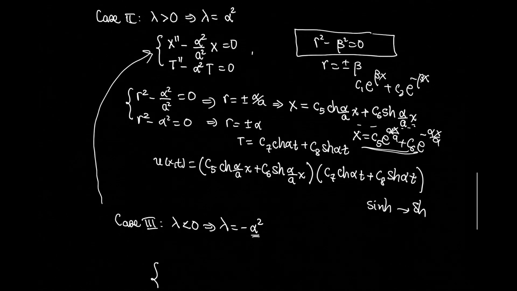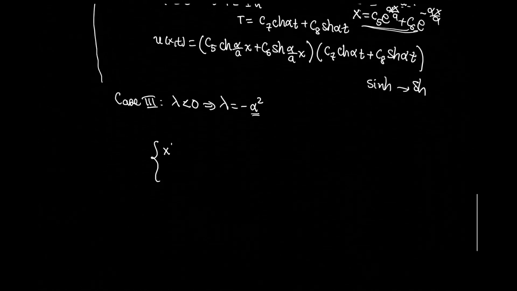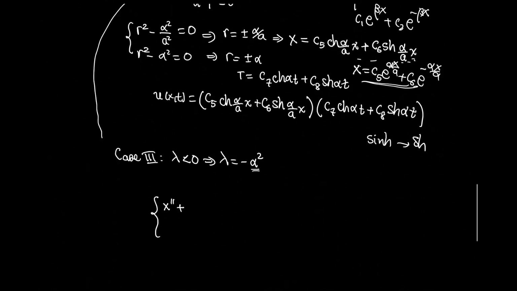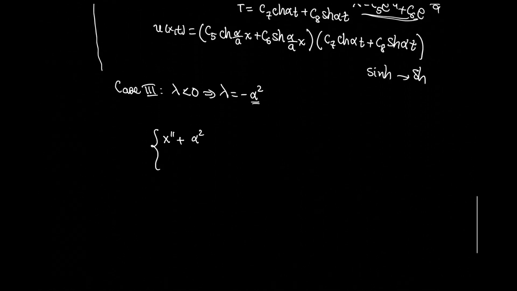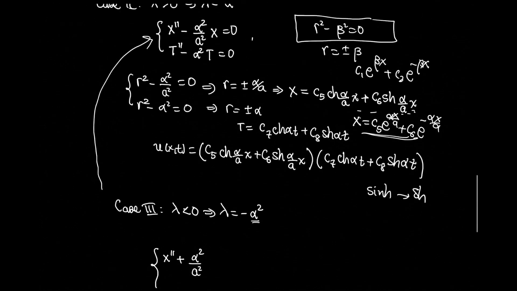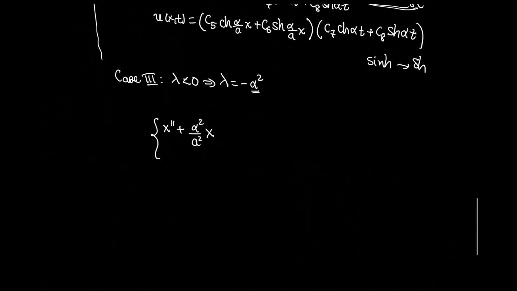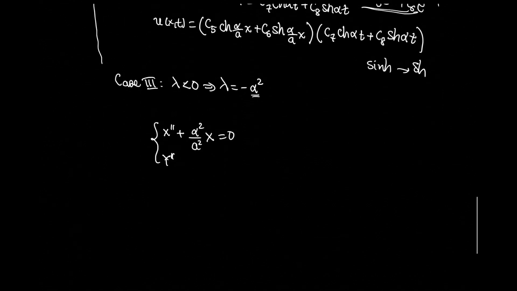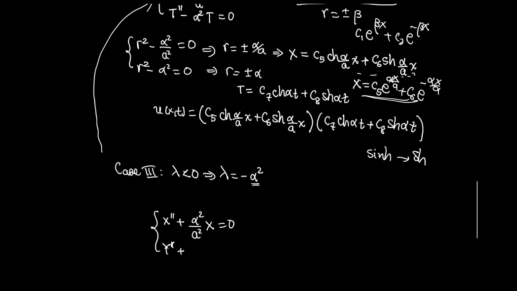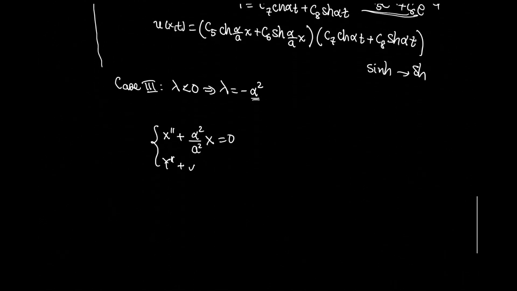So I now have the second derivative of x plus alpha squared over a squared x equal to 0, and the second derivative of t plus alpha squared t equal to 0.